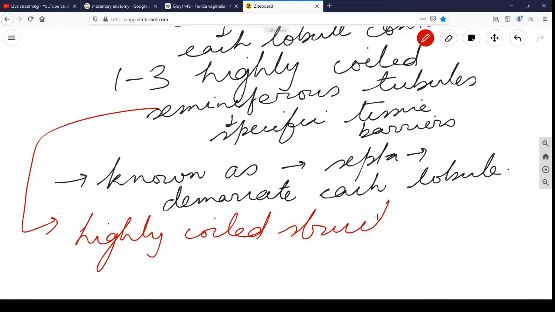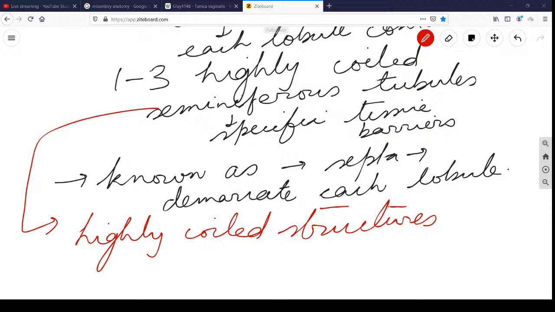Highly coiled structures, you can compare them with the renal tubule. You had proximal convoluted, then loop of Henle, then distal convoluted tubules. Renal tubule is part of the nephron, right? The tubular part. So you can compare them with the tubular part, not the renal corpuscle part, the renal tubule part of the nephron, right?